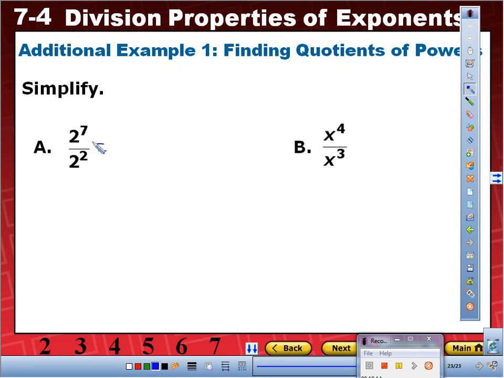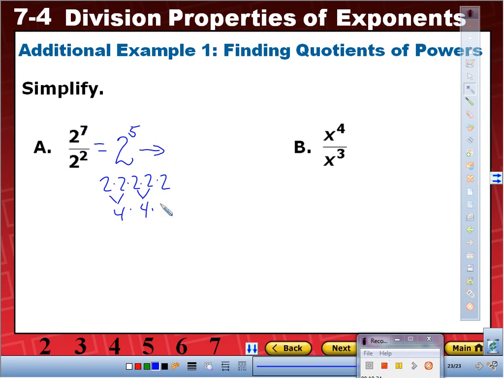So this becomes 2 to the 5th, and the last step is to simplify. We know that this is 2 times 2 times 2 times 2 times 2. So this is 4 times 4 times 2. What is 4 times 4? 16 times 2, that's 32.